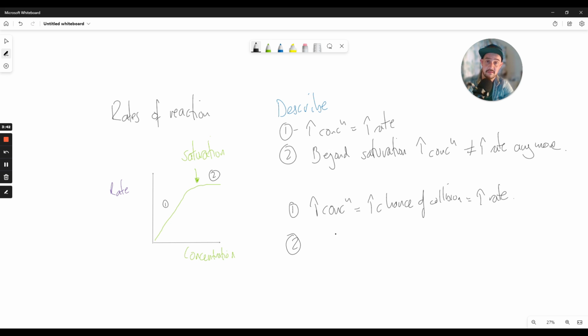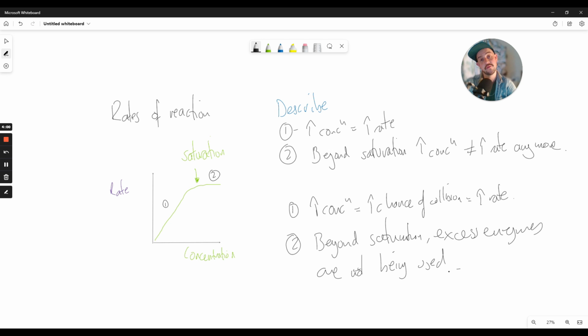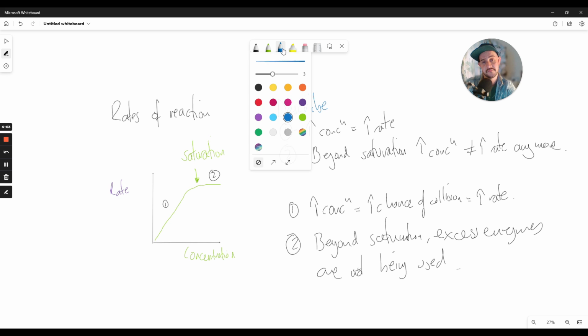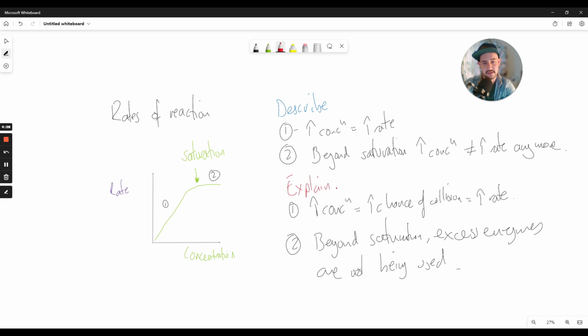So above or beyond saturation, excess enzymes are not being used. And so the rate will no longer increase. And so what we've done there is that we have explained the graph.